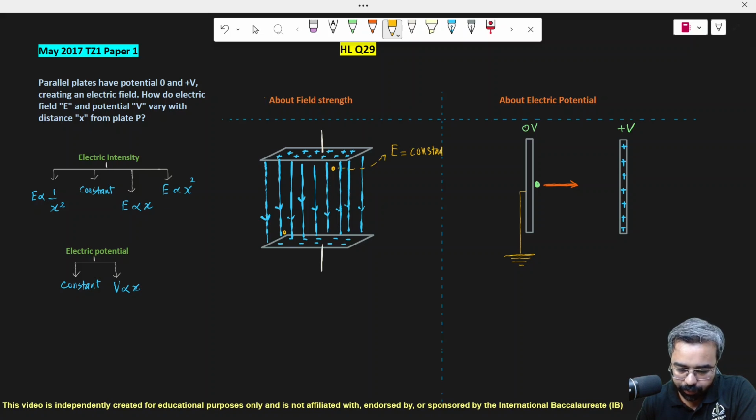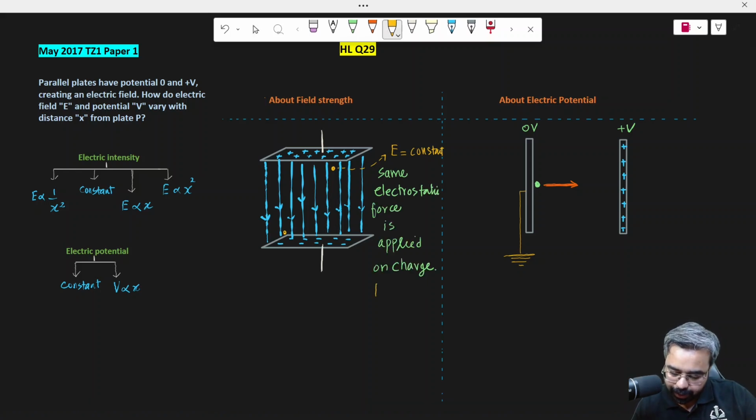Now, we will debate the reasons. Why is the electric field strength constant? The important reason is that the same electrostatic force is applied on the charge at both positions, right? Can I say E is equal to, since according to its definition electric field strength is the electrostatic force applied per unit charge.